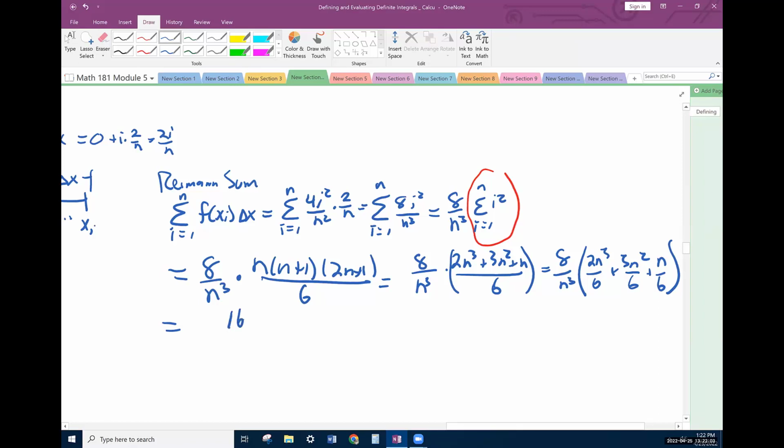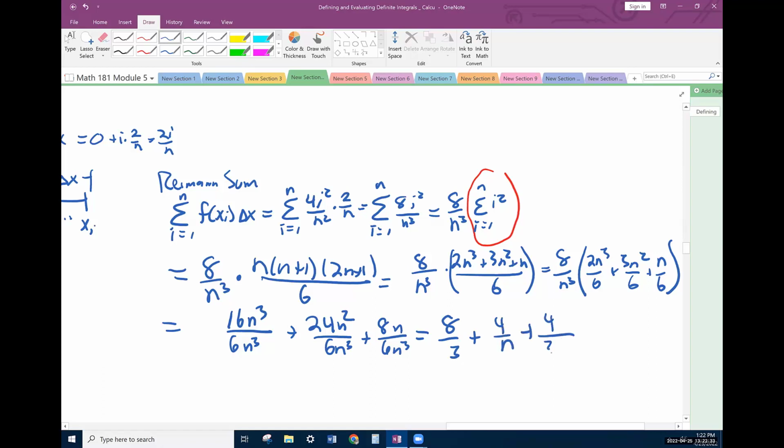So 16n cubed over 6n cubed plus 24n squared over 6n cubed plus 8n over 6n cubed. And so if I reduce those down, I'm left with 8/3 plus 4 over n plus 4 over 3n squared.